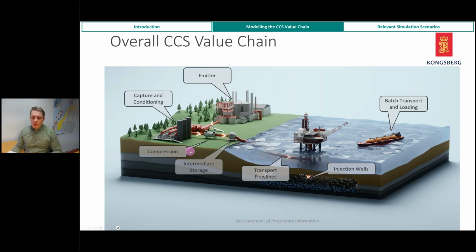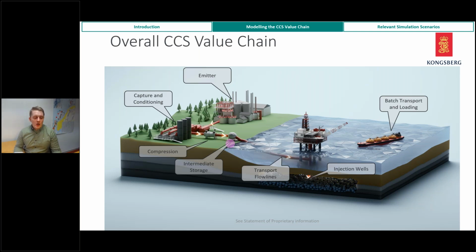Compression. Of course, once you've captured the CO2, you need to compress it and liquefy it for transportation. Before I get to the ocean part, I should mention that you might be looking at transportation from two perspectives.